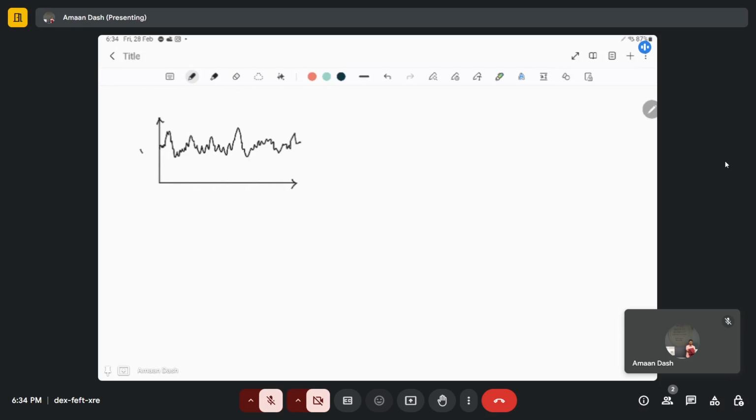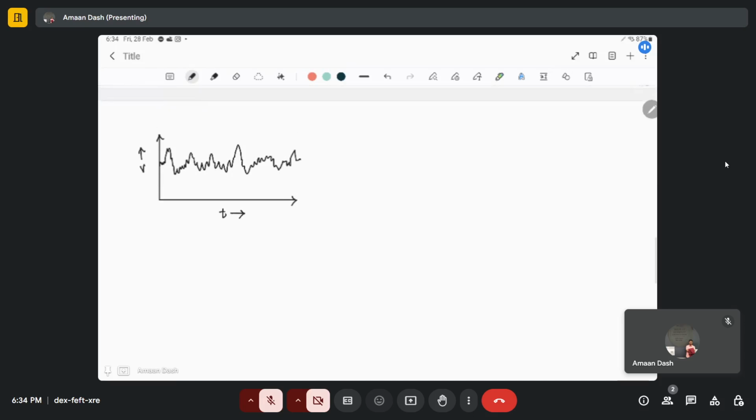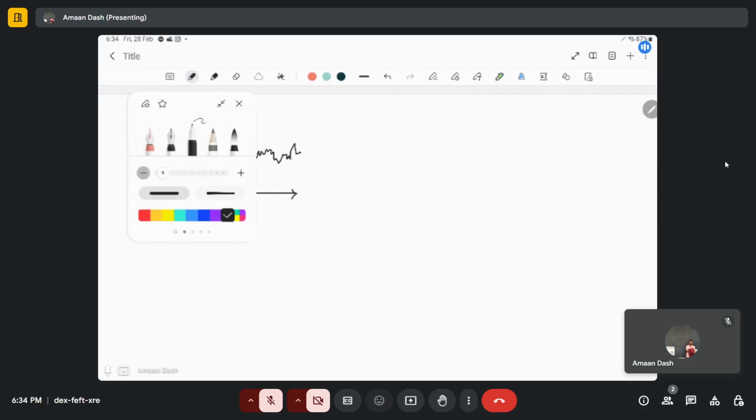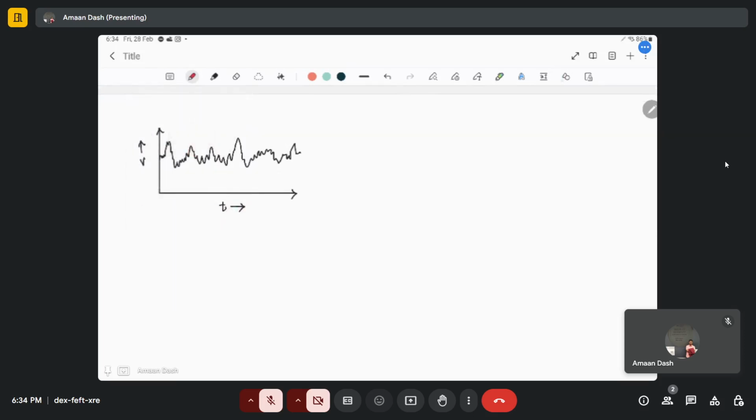Okay, so this is the velocity and this is the time. And the fluctuations are very irregular. So what we can say is, let us consider that there is some mean velocity. Let me draw some kind of a mean velocity like this.